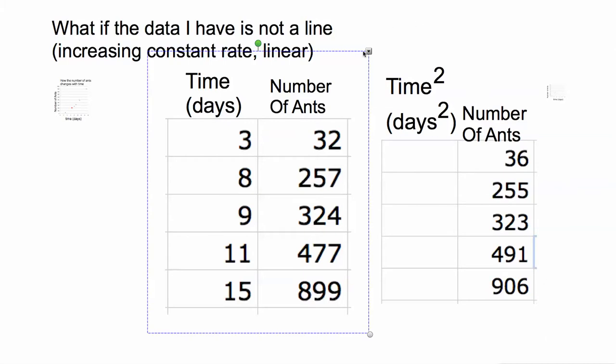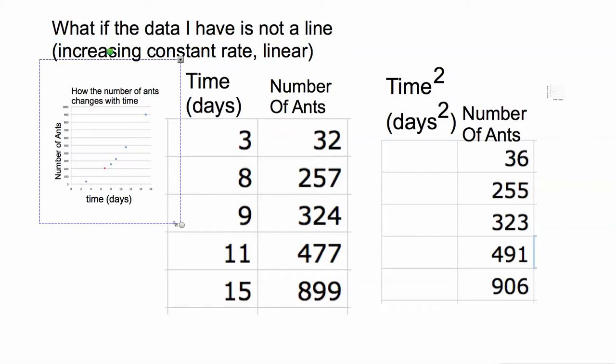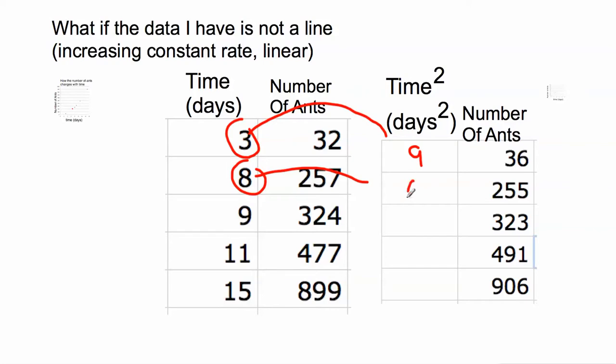Because we recognize this graph as a squared shaped graph, we can square this quantity and put it into here, and square this quantity. And so we almost create a new data table. 3 squared is 9, 8 squared is 64, 9 squared is 81, 11 squared is 121, and 15 squared is 225. You can do those on your calculator if you like.